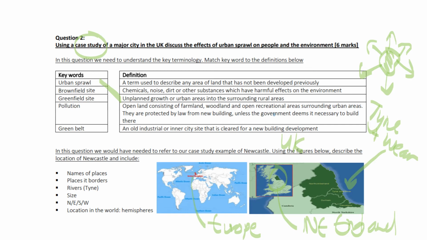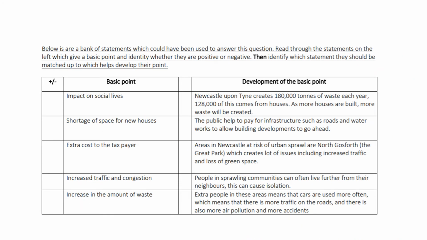You could make reference to the size of Newcastle, how many people live there, and why urban sprawl is happening. You might want to talk about the fact that migration has been occurring in Newcastle, which means that their population is increasing. Okay, so for this question then, we had to talk about a variety of points.